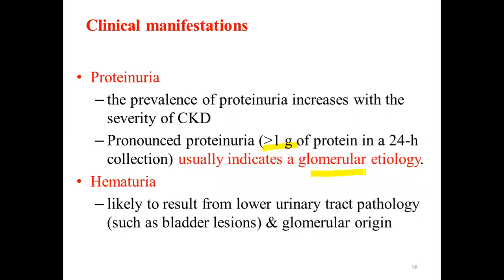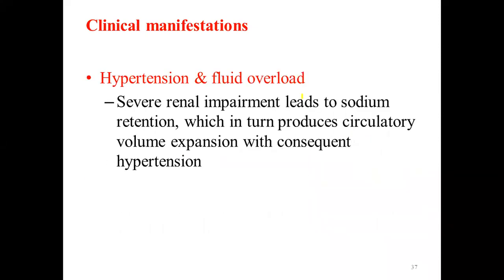Then apart from that, the patient can have hematuria. This hematuria mostly results from lower urinary tract pathology such as bladder lesion as well as glomerular lesion. Then you can even see the patient can have hypertension and fluid overload.